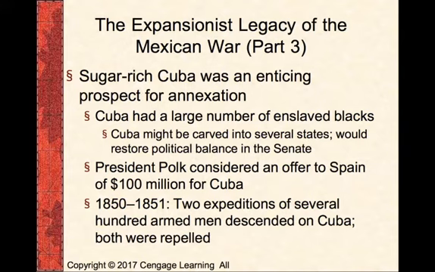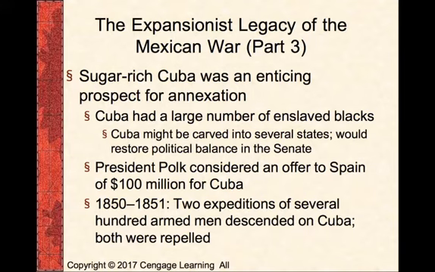Cuba was also an enticing prospect for annexation. Rich sugar fields. They already had a tradition of slavery in Cuba. Cuba might be carved into several states, and it would restore political balance in the Senate if it was.